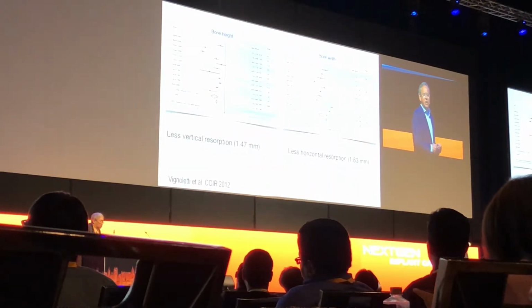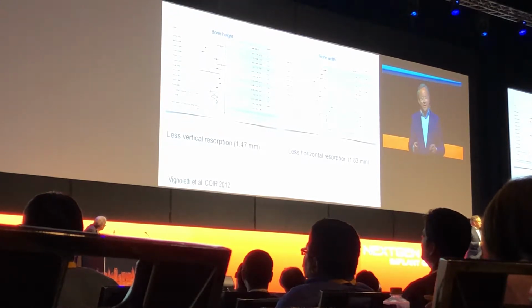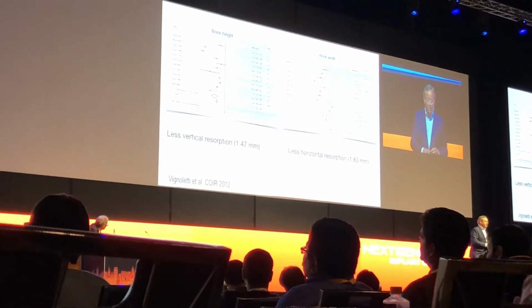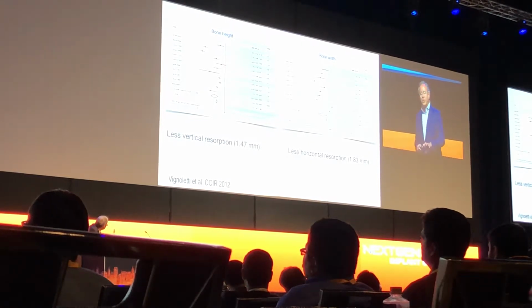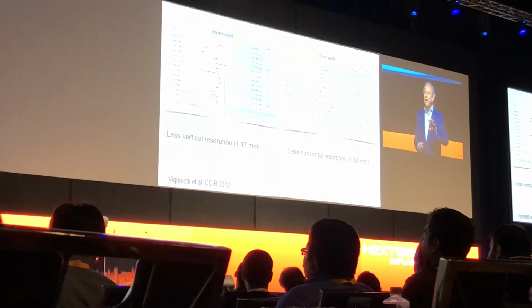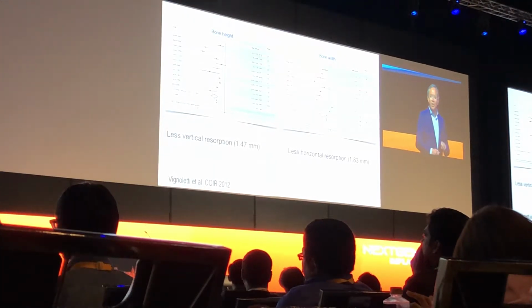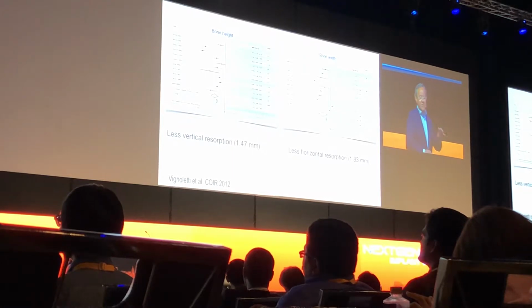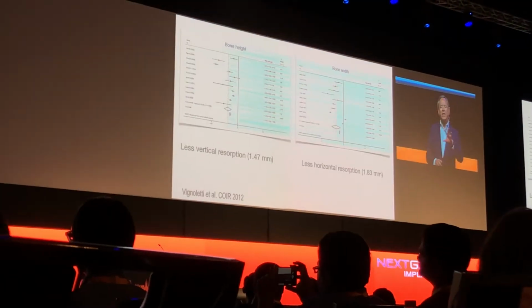And in these 14 clinical trials, when I do the meta-analysis, I can say, yes, indeed, by placing something inside the socket, I can have less horizontal resorption, about 2 millimeters, and less vertical resorption, about 1.4 millimeters. What is the critical factor?